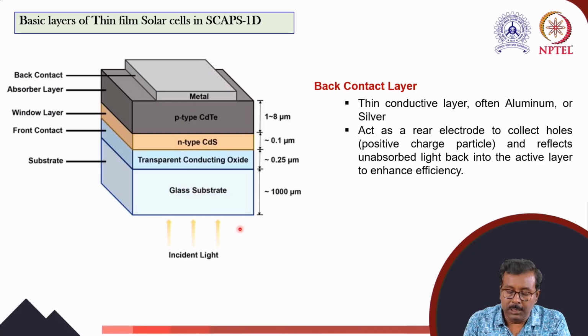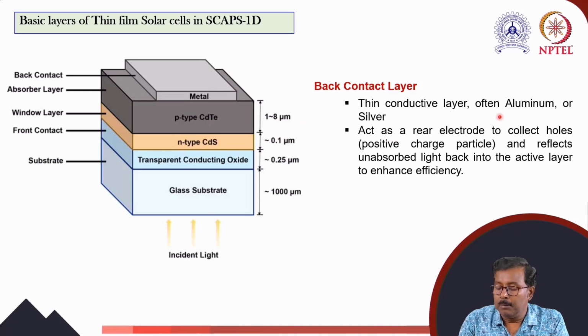And if you see the three-dimensional picture, it looks like this. This is first of all p-type cadmium telluride. This is the main absorber layer, and this is n-type CdS, cadmium sulfide, and this is cadmium telluride.